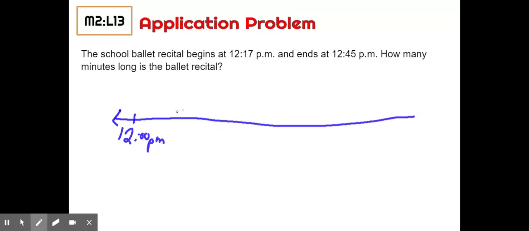12:17 and 12:45 are between 12 o'clock and, did you say 1 o'clock? You are good. Okay, 1 o'clock p.m. Remember, they're not perfect, but the most important thing is that every interval or tick mark is evenly spread. That means between each tick mark has to be the same amount.